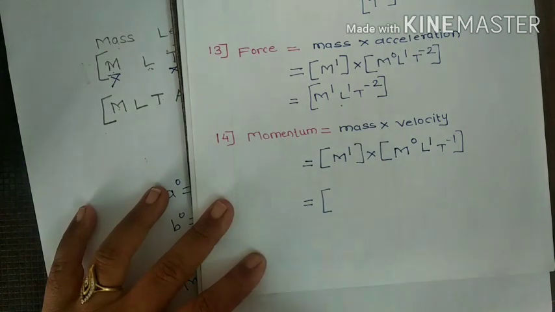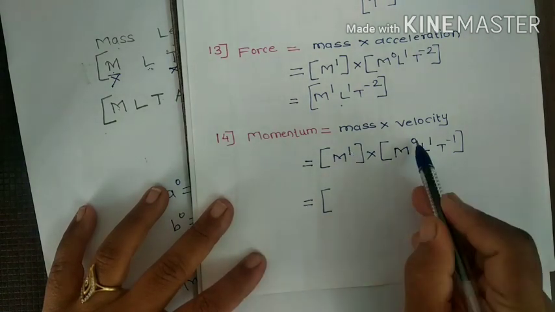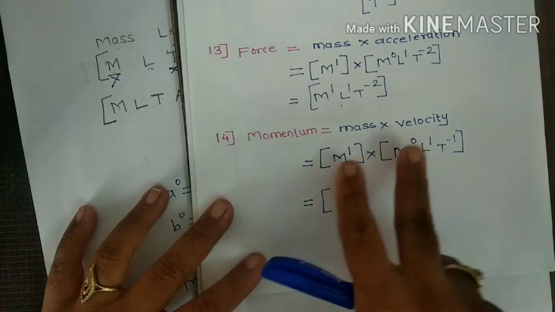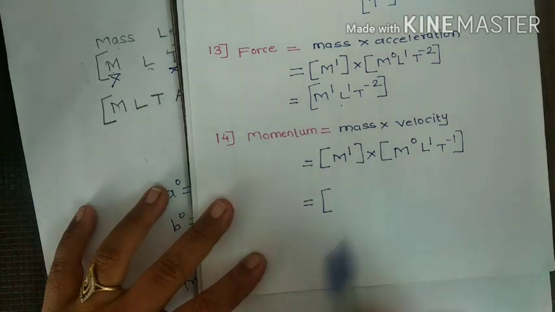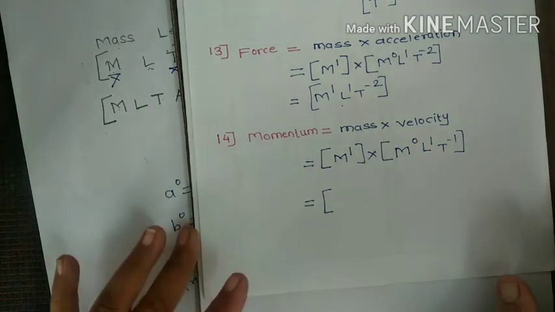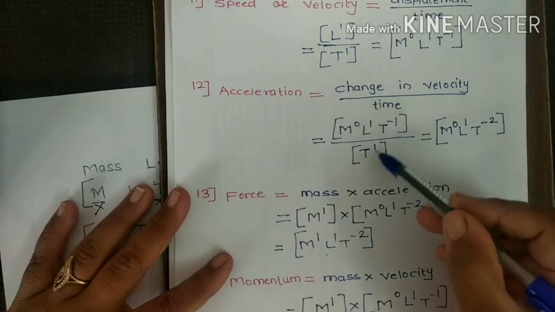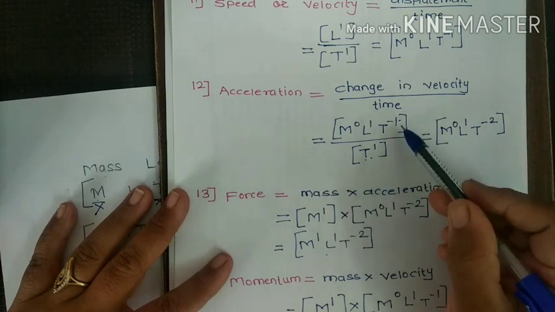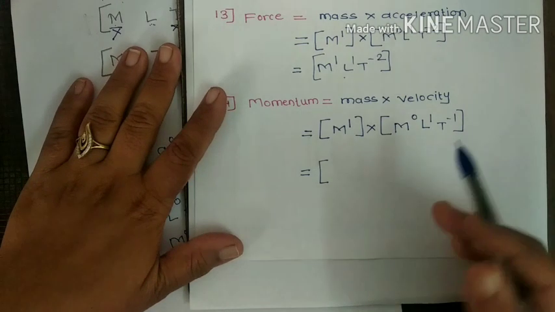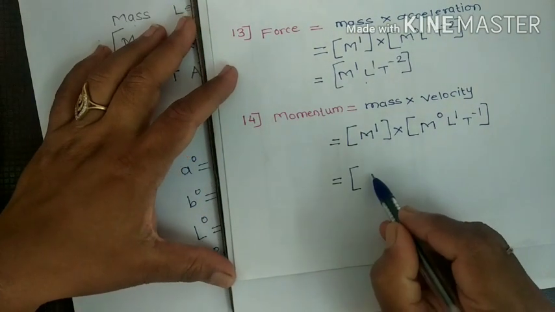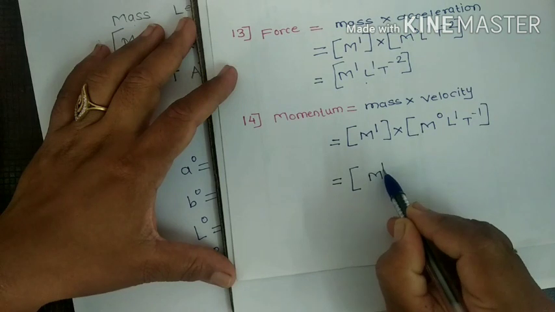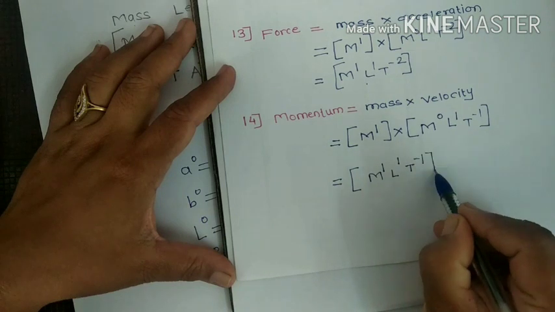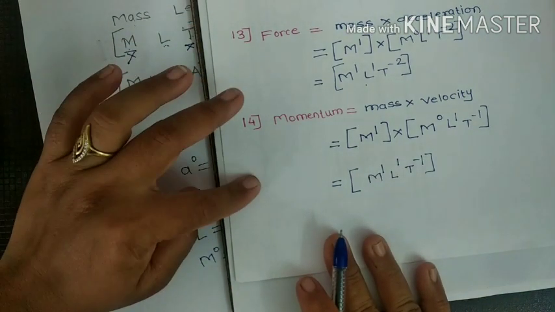Again, we have to solve these two brackets. M^1 into M^0, right? The powers of like quantities are added if they are multiplied. And here, in these two like terms there is division, that's why here we are taking the subtraction. M^1, L^1 and T^-1. Those are the dimensions for momentum.